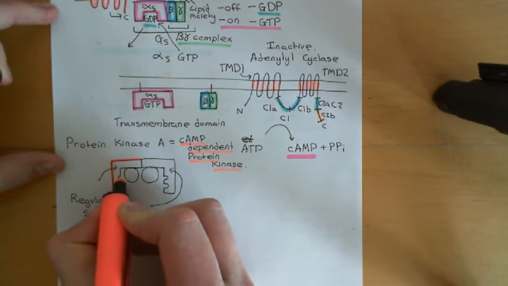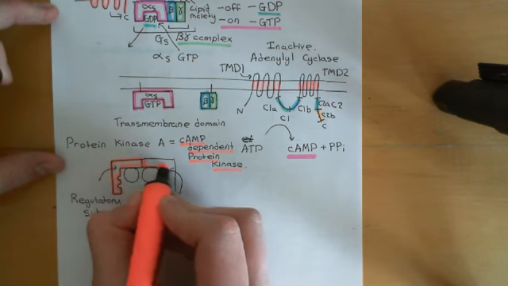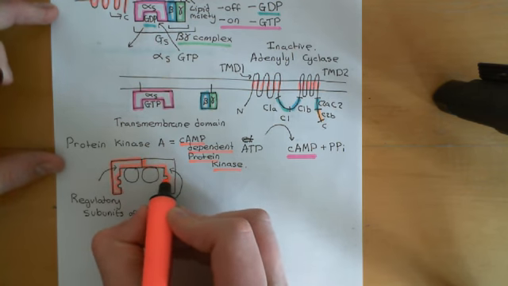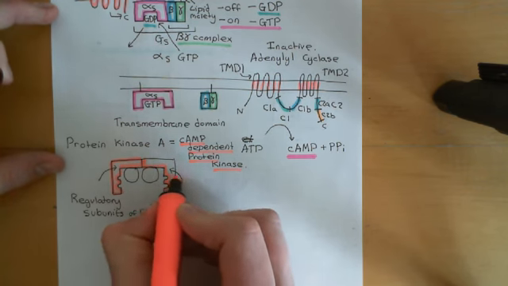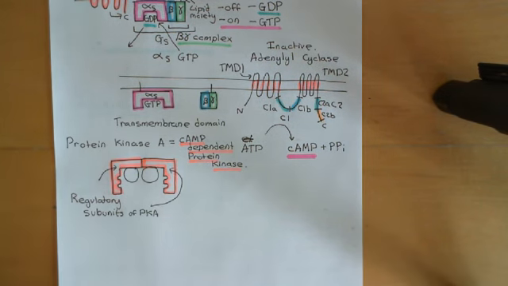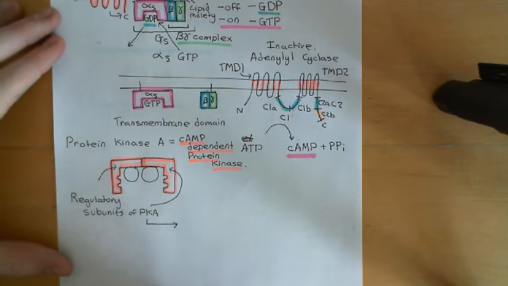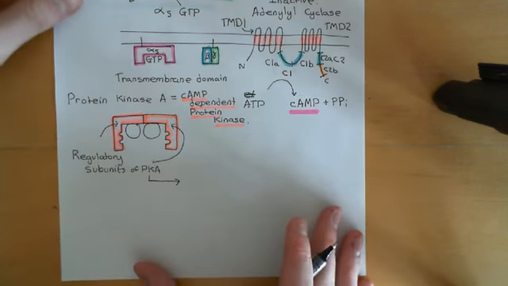There are actually 2 different proteins that are both regulatory subunits of protein kinase A. There are type 1 regulatory subunits, and type 2 regulatory subunits of protein kinase A. Let me just talk about this, because this will become important in a moment.